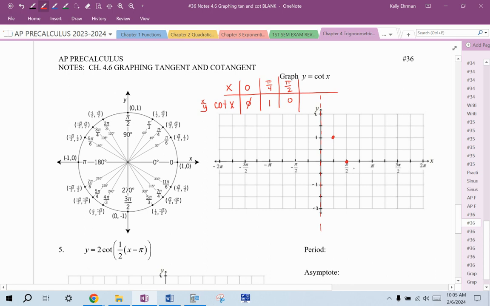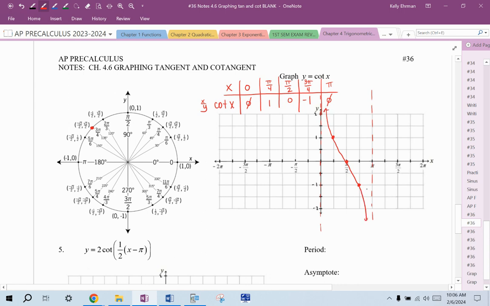So let's keep going with these positive values. After pi over 2, the next nice angle will be 3 pi over 4. Now cotangent over here is negative 1. So at 3 pi over 4, we're at negative 1. And then if we go down to pi, negative 1 over 0 is undefined. So here's one period of the cotangent graph. It's got a similar shape. It's actually just the tangent graph reflected.